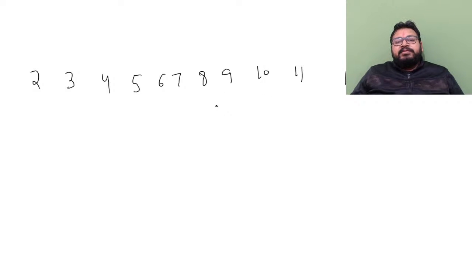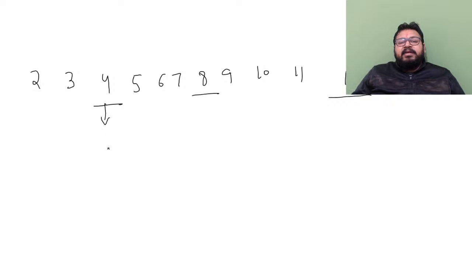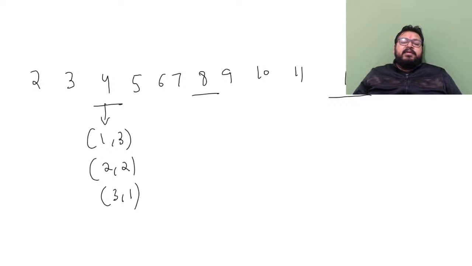Now, which sums are divisible by 4? 12, 8, 4. So these are the three sums divisible by 4. How many cases give sum 4? 1 and 3, or 2 and 2, or 3 and 1. So these are the three cases when the sum becomes 4.